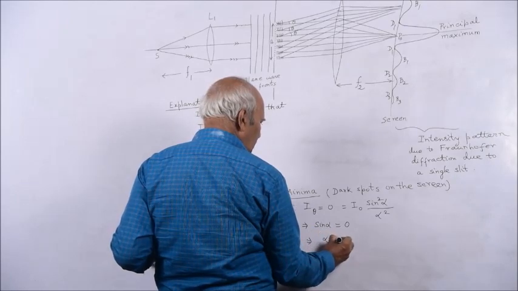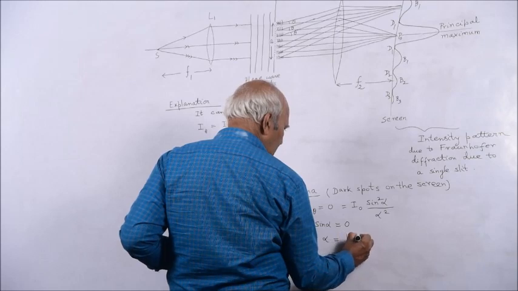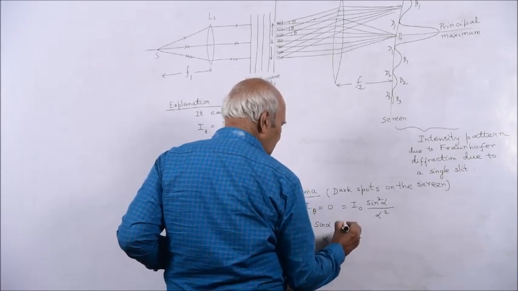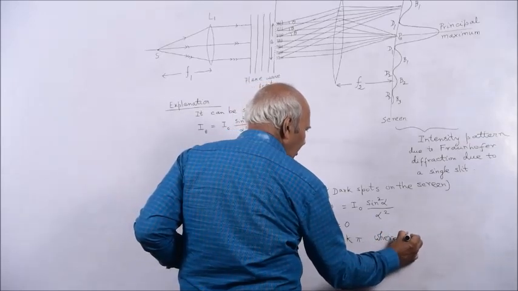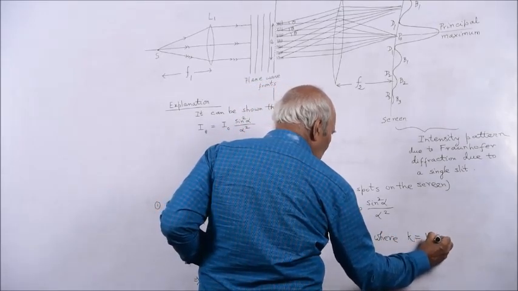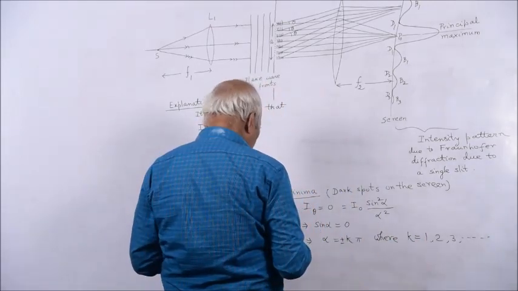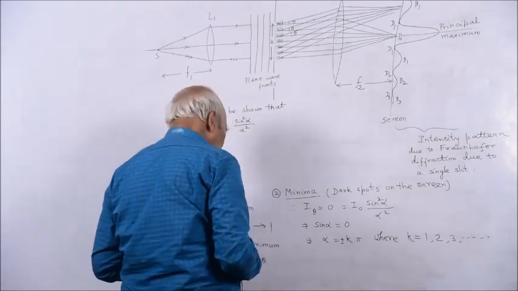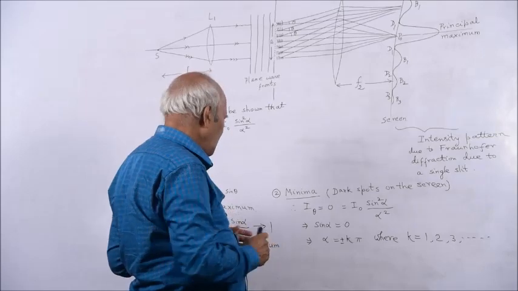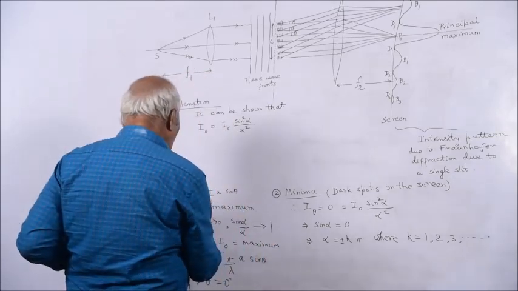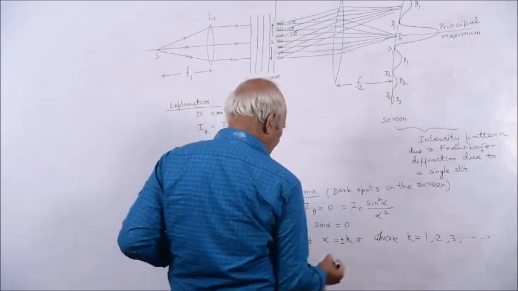This is possible when alpha is equal to k pi, plus minus also can be given, where k is a number, k is equal to 1, 2, 3, like that. We cannot say 0, 1, 2, 3, because if k is equal to 0, then this will correspond to the principal maximum case. So that is avoided by taking 1, 2, 3.